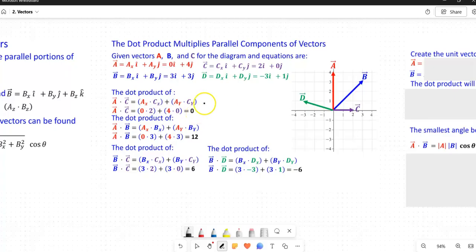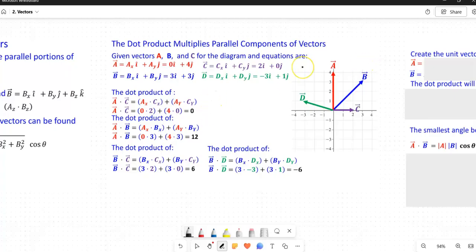But mathematically what we're doing is we're taking the x direction component of A and multiplying it by the x direction component of C. Since A has no x direction component, that will be 0 times positive 2. And since the y direction component of A is positive 4, and the y direction component of C is 0, that is going to be equal to 0, right? Or you could just say A has no parallel portion to C, so that is going to be 0.